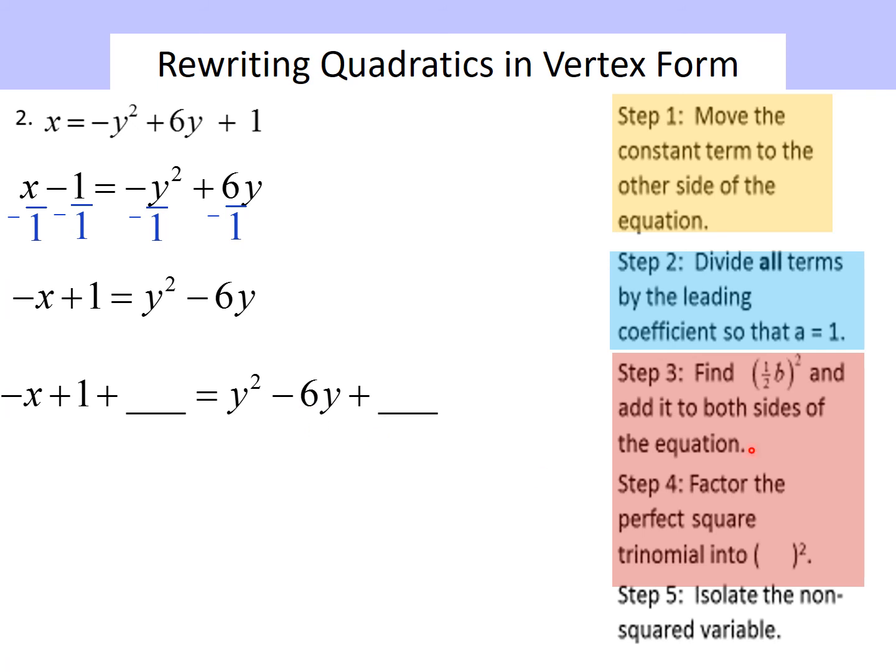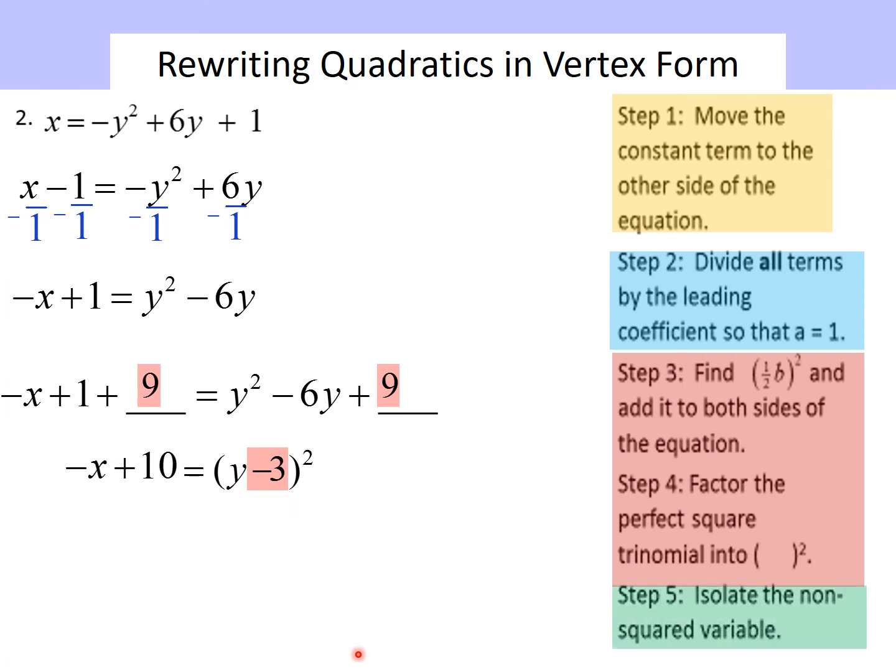We take half of our linear term, which is negative 6y, and half of negative 6 is negative 3. 3 squared is 9, so we add a 9 to both sides. And the only like terms over here are 9 and 1. When I simplify that, I get negative x plus 10 is equal to the quantity y minus 3 squared.